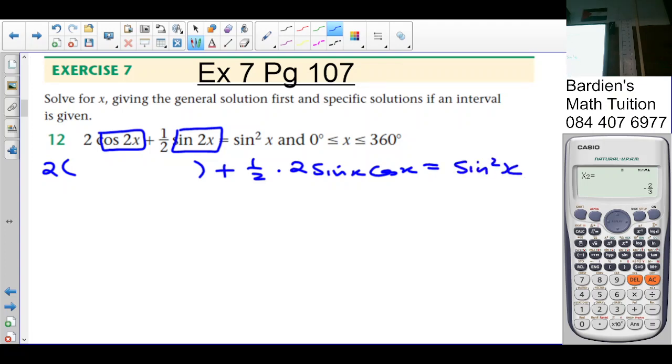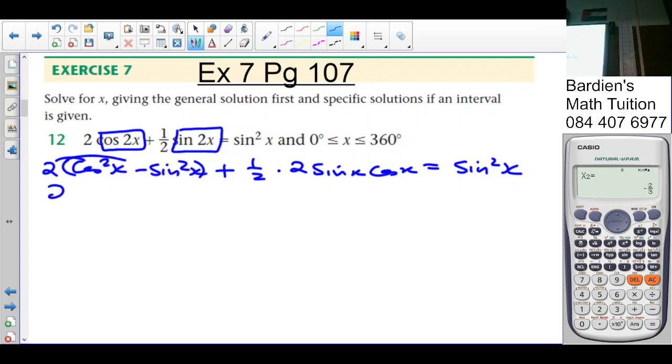Which one of the 3 do you think I'm going to use there? Cos squared x minus sine squared x. Why? So they're going to a trinomial, with that being in the middle.